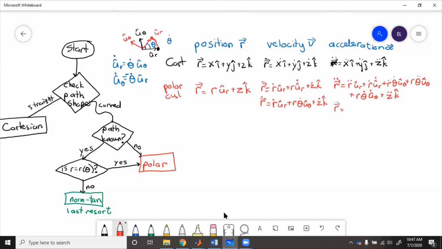So now let's plug in the derivatives for those unit vectors.